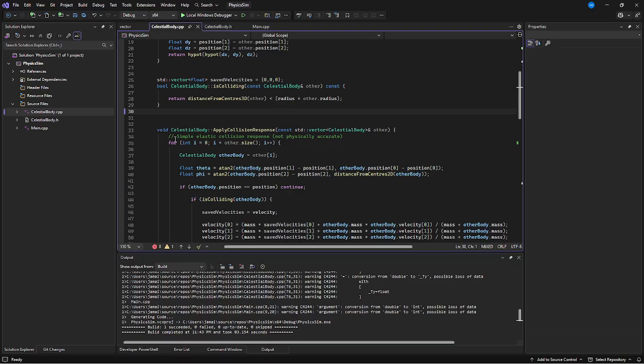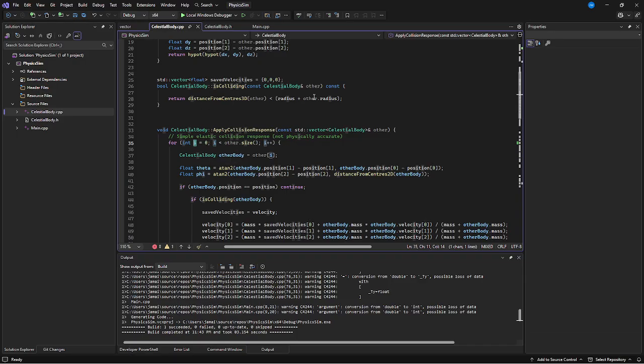So for the apply collision response, you'll see this for loop in my gravity function too. There's already an argument requiring me to have this list of all the celestial bodies. So for the entire length of this list, let's go through it and check every single one, where i is the number we're on, minus 1.